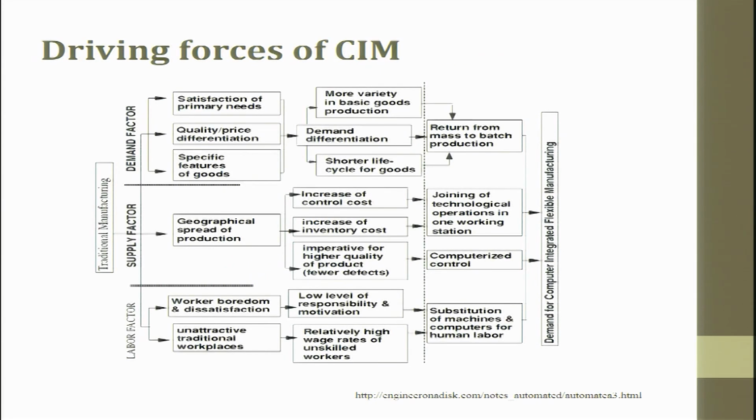When you look at the driving force for SIMS, there are several driving forces. If you look at traditional manufacturing, it has labor factor, supply factor and demand factor. So, there are three factors: demand factor, supply factor and labor factor. Labor factor has labor boredom and dissatisfaction.